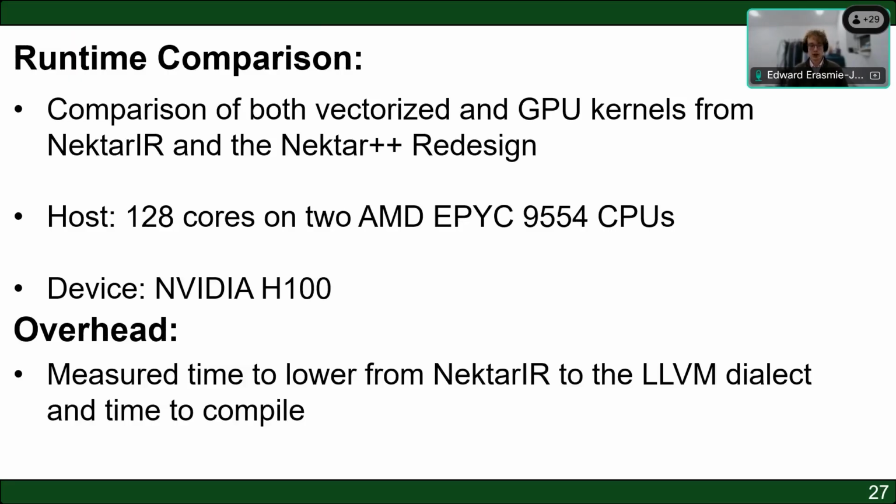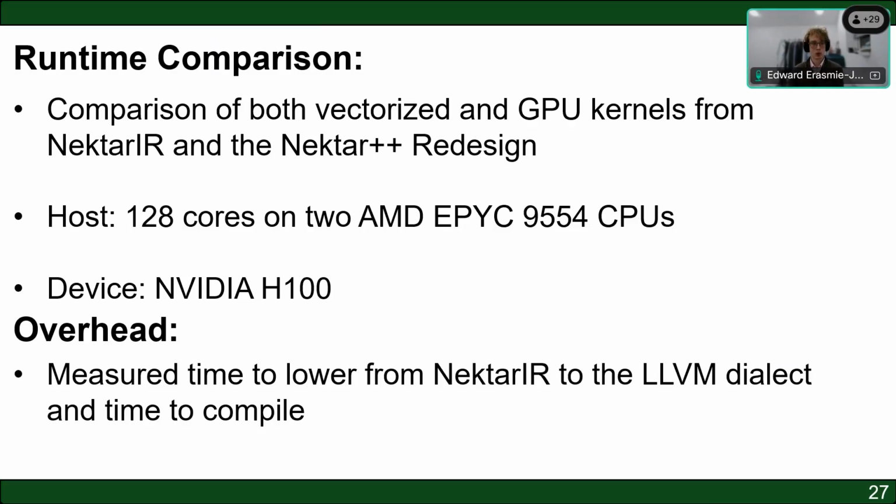For the overhead, we're interested in the wall time from initializing the lowering pipeline from NektarIR to the LLVM dialect, and then finally the time to compile. It's important to note at this point that the operators are using the matrix-free and sum-factorized format that Dave showed earlier in their implementation.